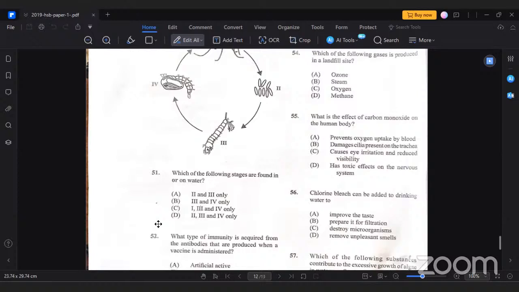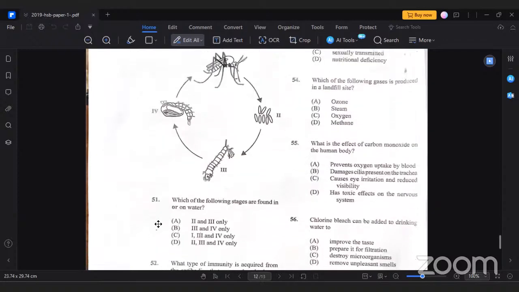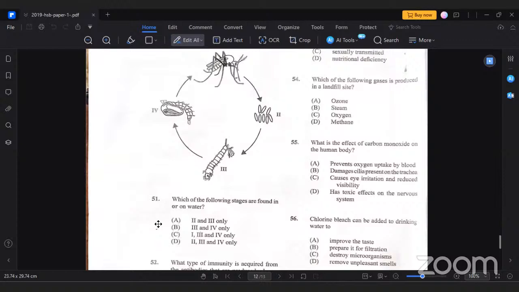Which of the following stages are found in or on water? Is it A, 2 and 3, B, 3 and 4, C, 1, 3 and 4, or D, 2, 3 and 4 only?